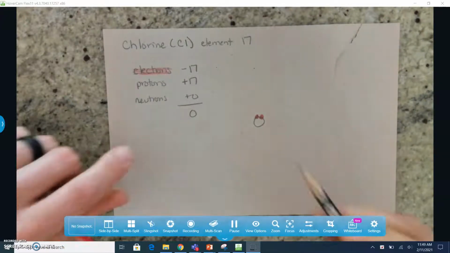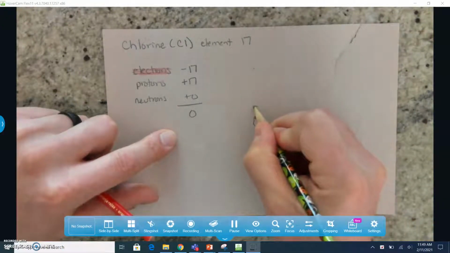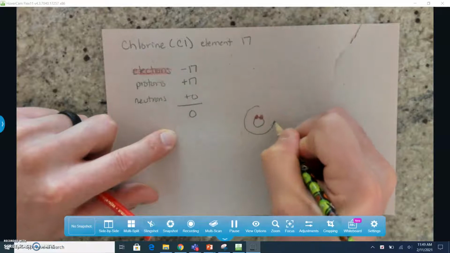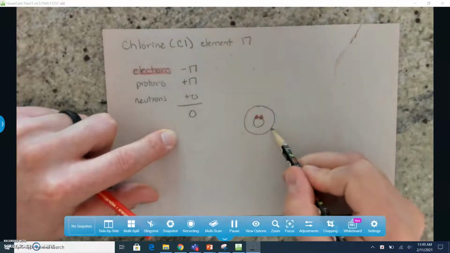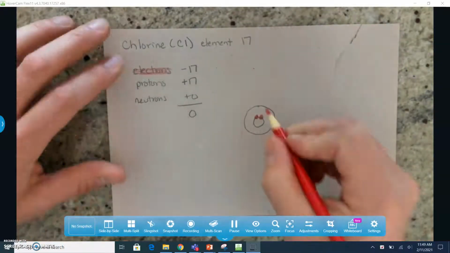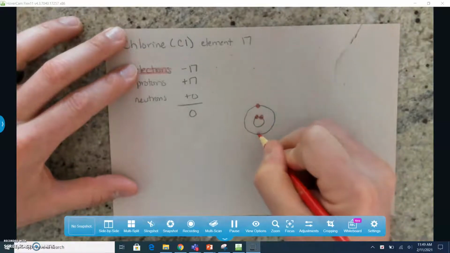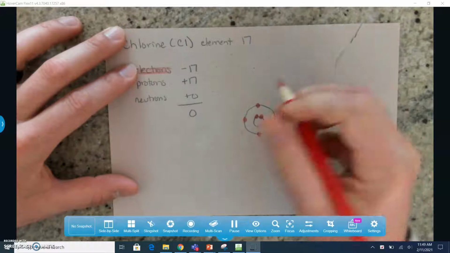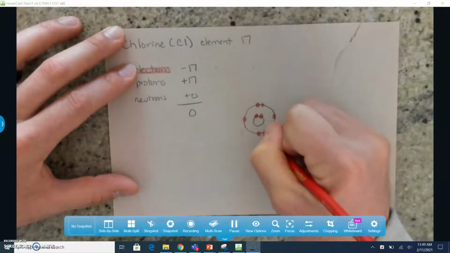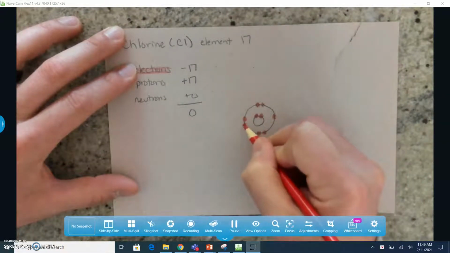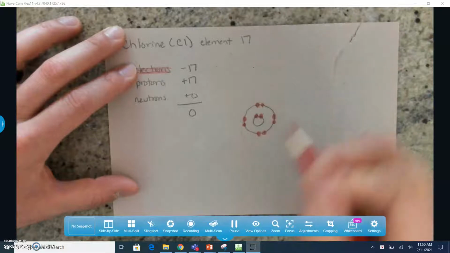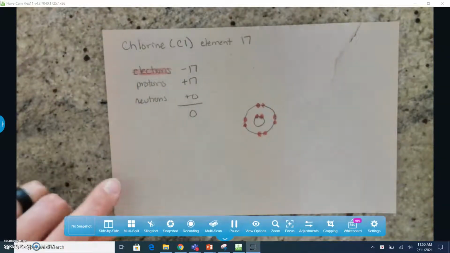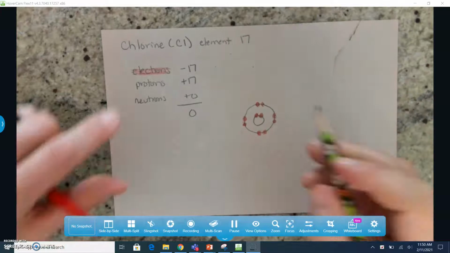I need 15 more. Our second valence shell can hold 8 electrons. 1, 2, 3, 4, 5, 6, 7, and 8. So now there's 10 electrons, but I need 7 more.